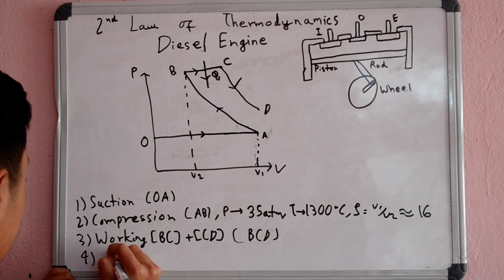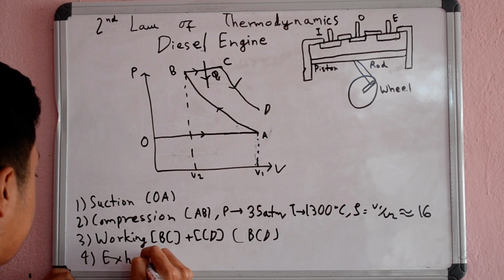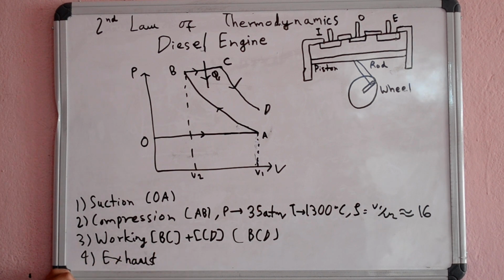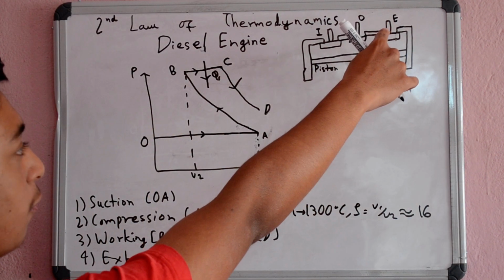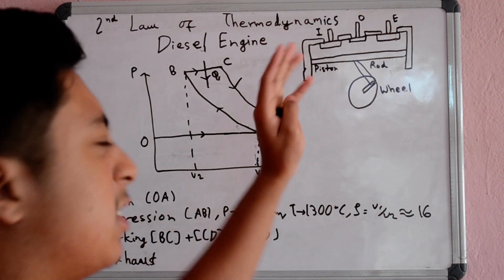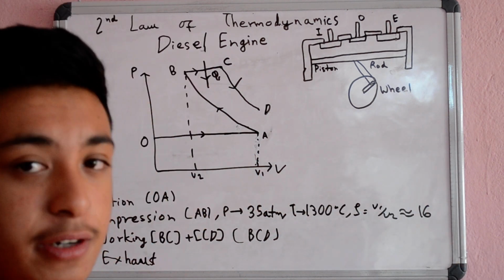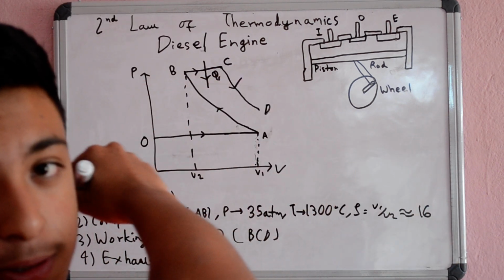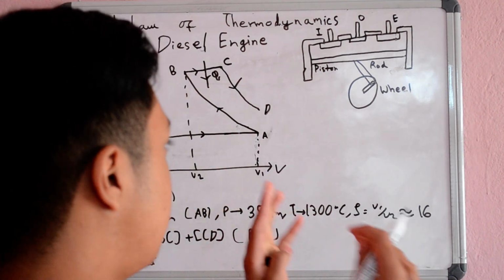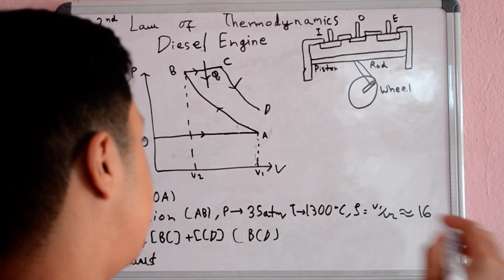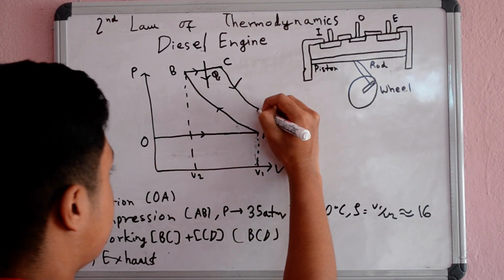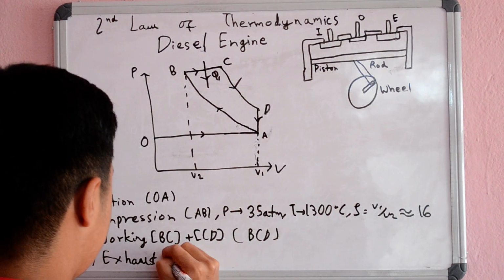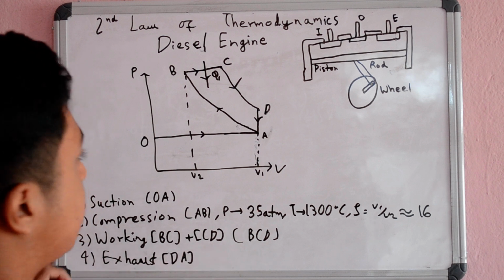Now the last one is known as the exhaust stroke. It is the same thing as in the petrol engine. Here the exhaust valve, which is basically the outlet valve, opens, and the working substance gets released. That means the pressure decreases, because they went away. This step, which is DA, is called release.